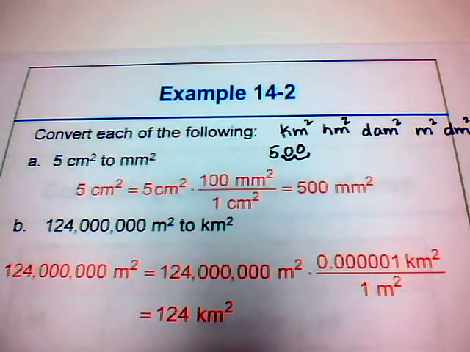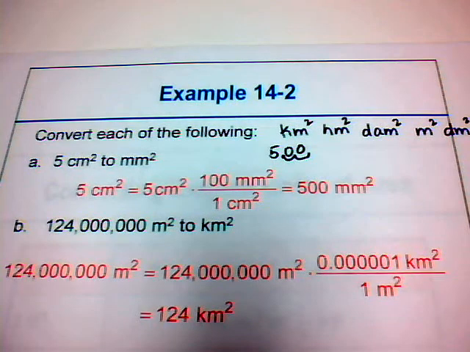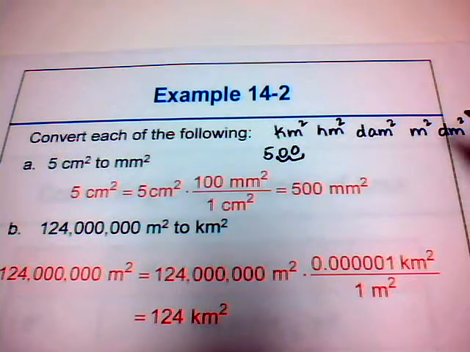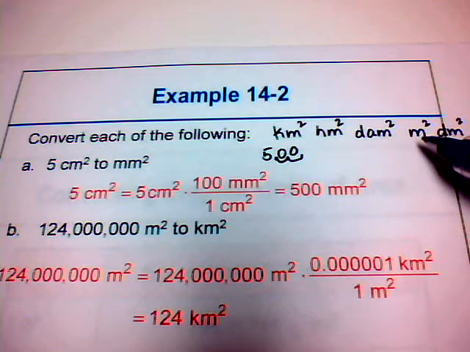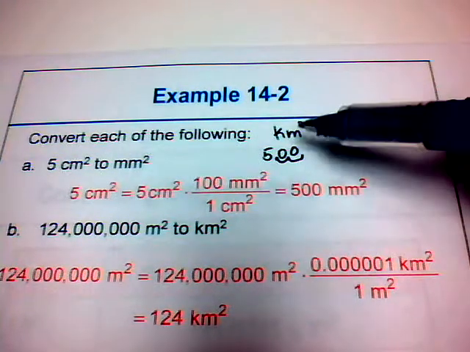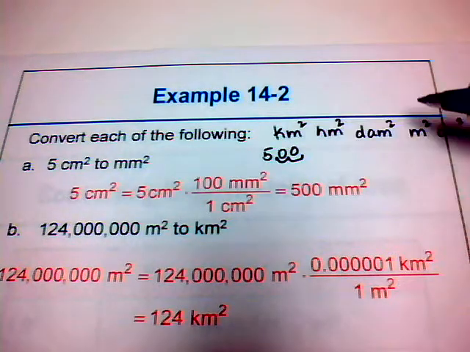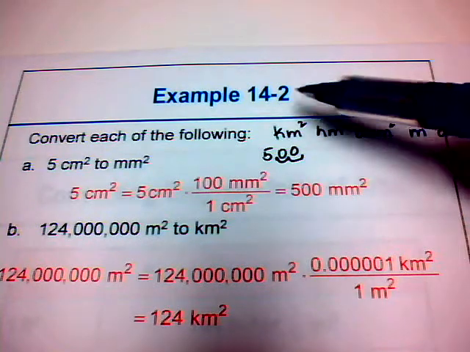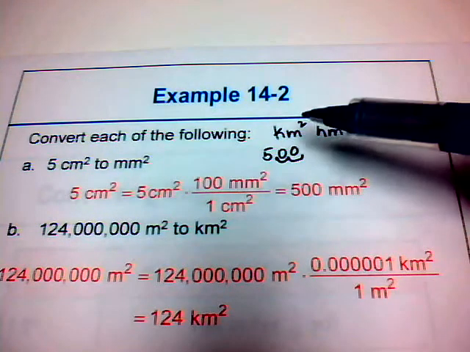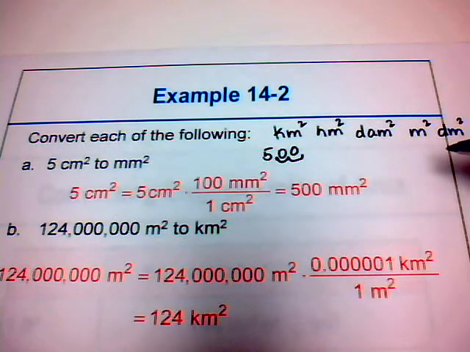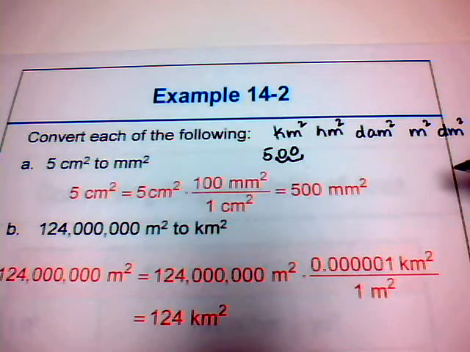And we'll use this to do part B. 1,124,000,000 square meters to square kilometers. Here's square meters right here, and we're going to square kilometers, which is to the left. Now, normally from meters to kilometers, we go over 1, 2, 3 places to the left. However, it's square units, so it's going to be 3 times 2. Well, 2 times the number of moves to the left that we would use if we were doing the regular metric units.